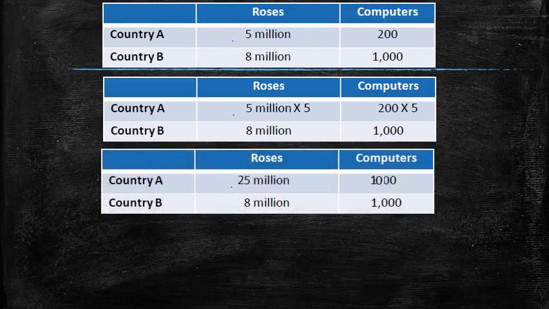Once we do that, you can see that country A effectively can produce 25 million roses and 1000 computers. This is just mathematical jugglery. It shows that for 1000 computers produced in country A, it could have produced 25 million roses. And in country B, for 1000 computers produced, it can produce 8 million roses.